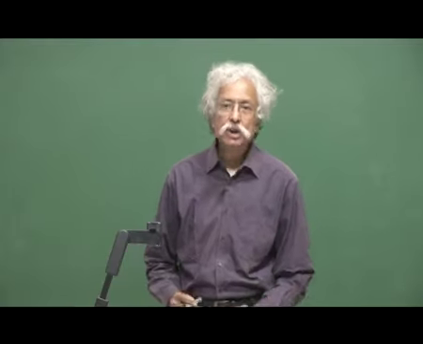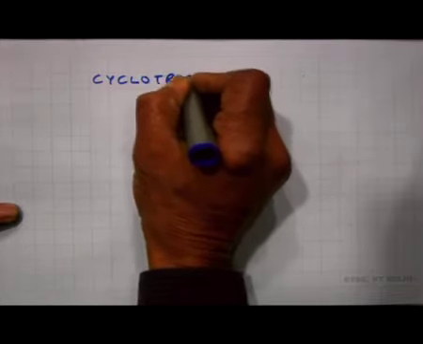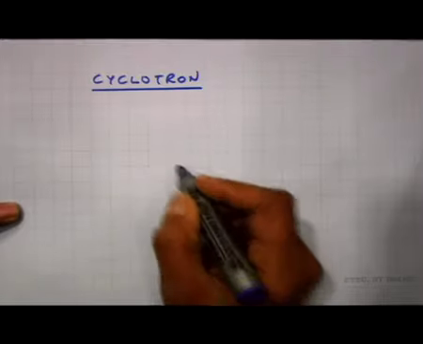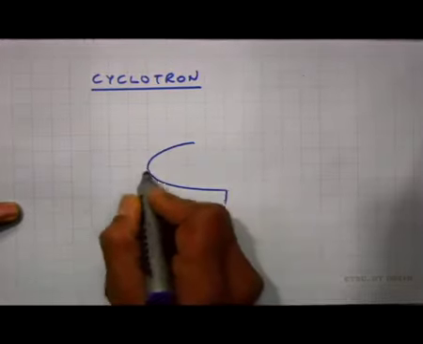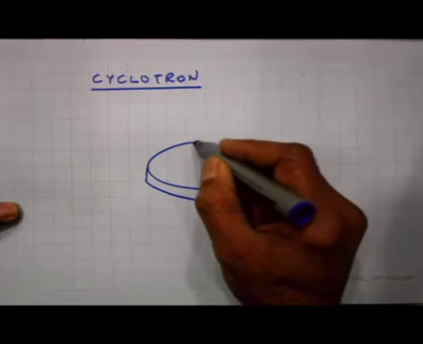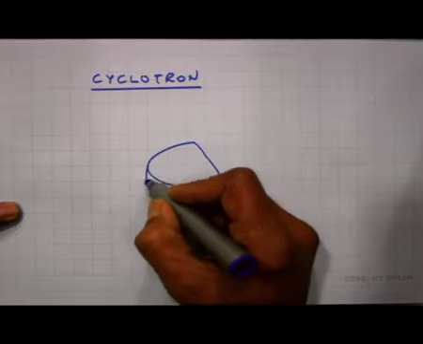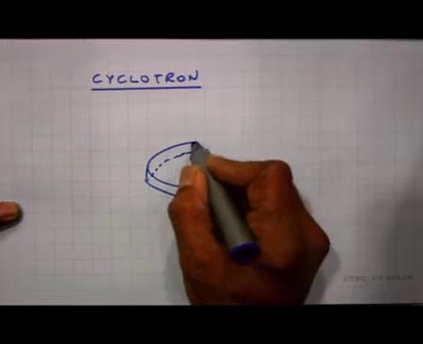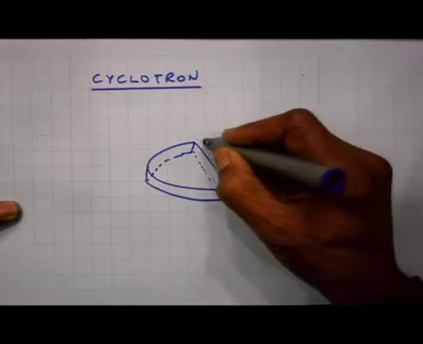I want to show you the construction of a cyclotron. So, let me draw it here. There is a cylindrical structure like this. Let me draw the complete figure here. And there is another one like this.